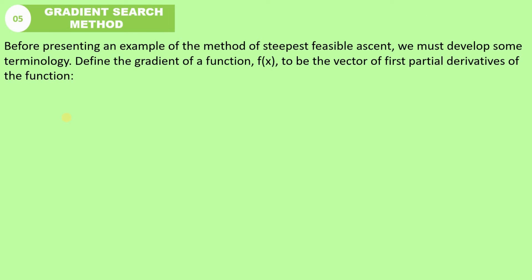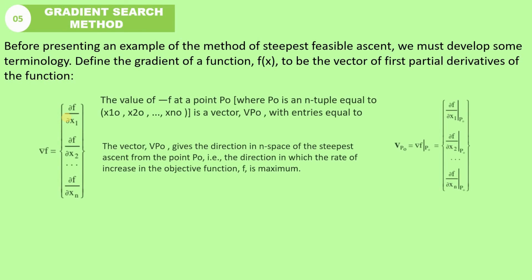Before presenting an example of the method of steepest feasible ascent, we must develop some terminology. Define the gradient of a function f of x to be the vector of first partial derivatives of the function. The value of the gradient at point P naught, where P naught is an n-tuple equal to x1 naught, x2 naught up to xn naught, is a vector called Vp naught.